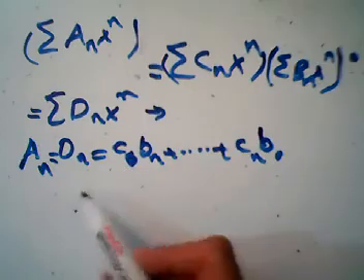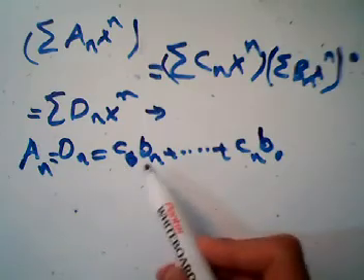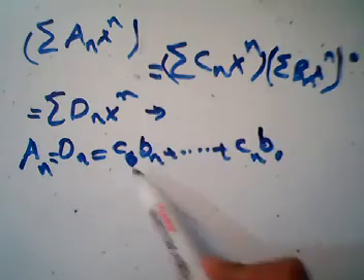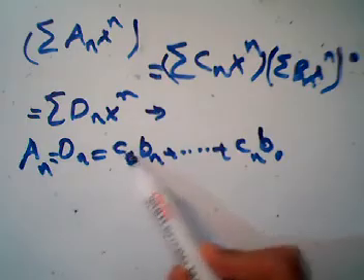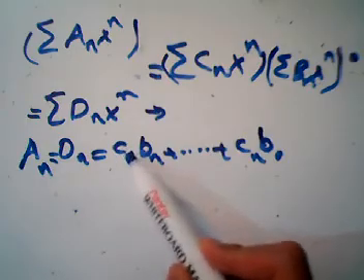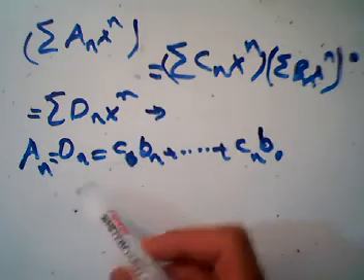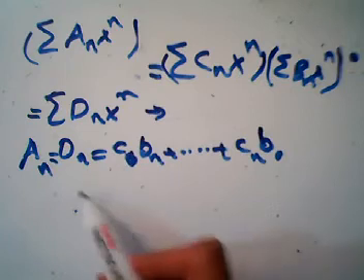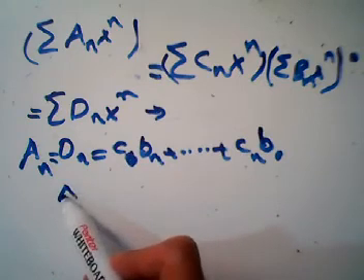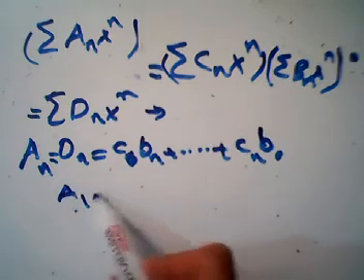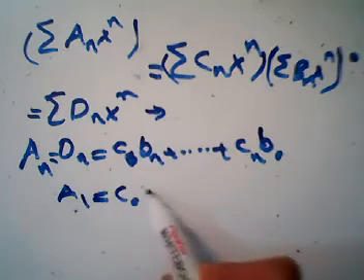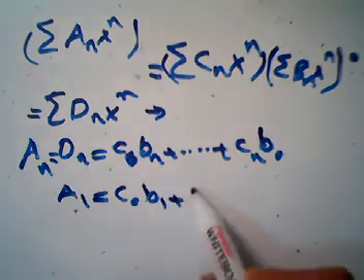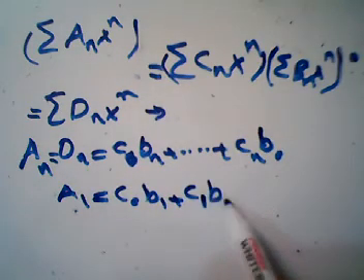And we should find the coefficients Cs from here, starting with A1 equals C0 B1 plus C1 B0.